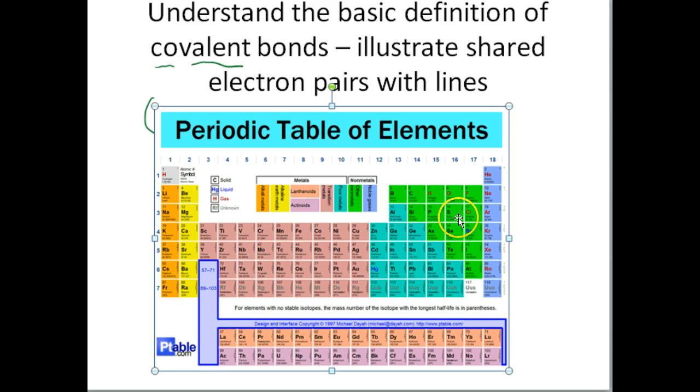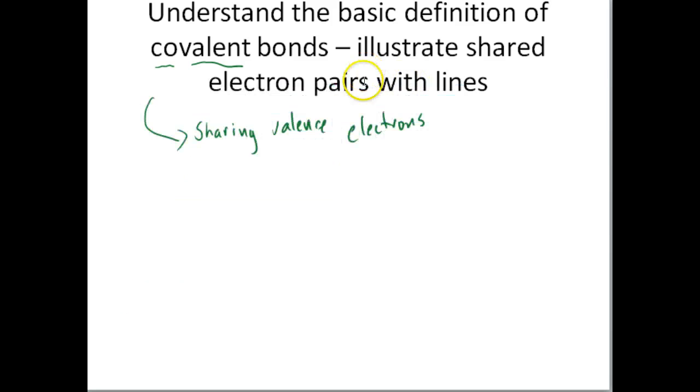So when one of the atoms here can't clearly pull the electron away from the other, they end up sharing their electrons. And that's our covalent bond. So these take place between nonmetals.